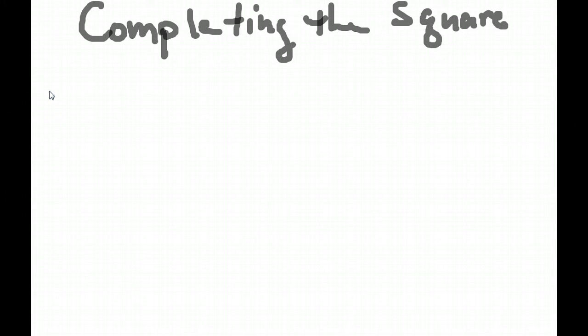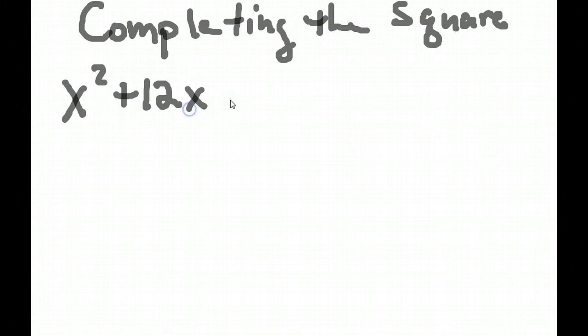So we don't have a c term. What do we need to put in c to make it a perfect square? We have x squared plus 12x plus c. So what should c be in order to be a perfect square?